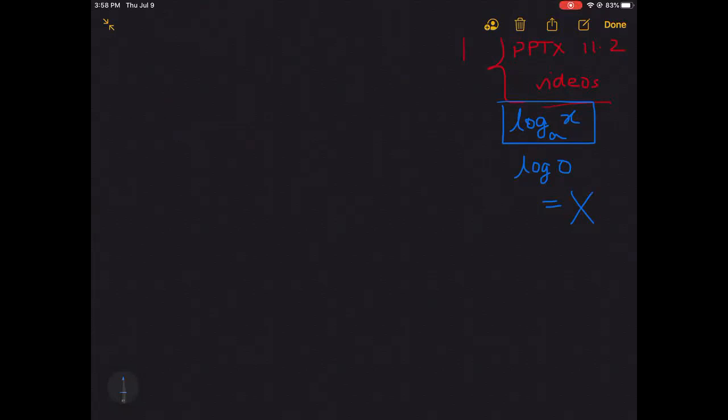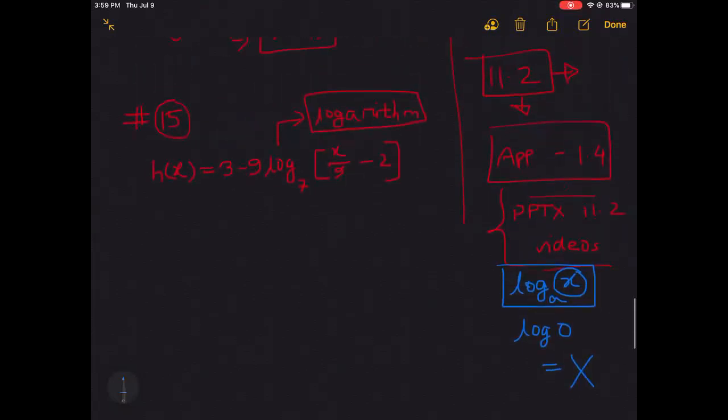That's why I said go for the general idea first. So the general idea is that x needs to be strictly greater than 0. It can't be 0. It has to be more than that. So whatever you have inside the log needs to be strictly greater than 0.